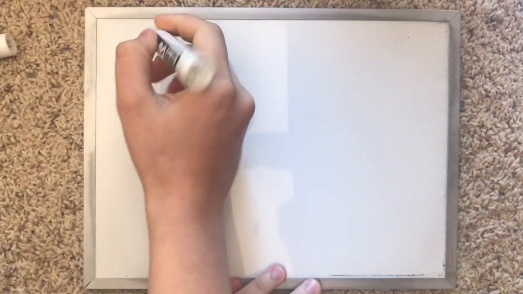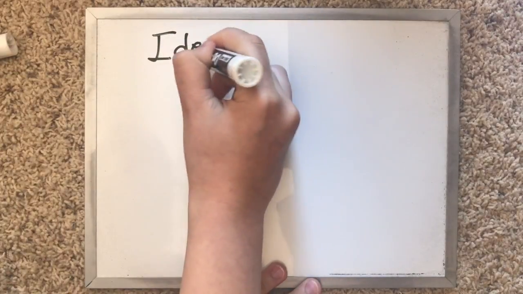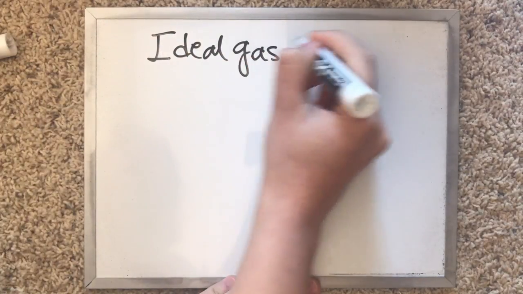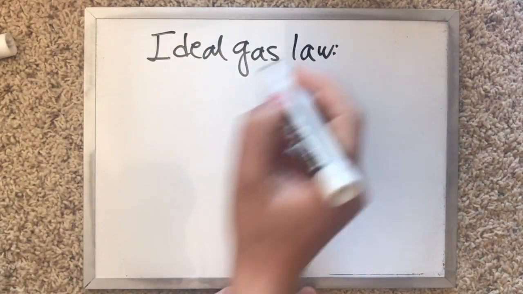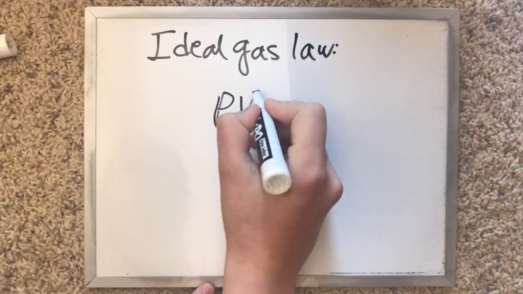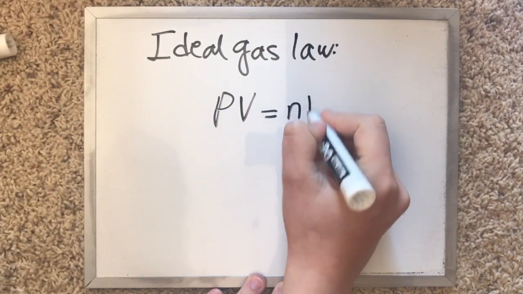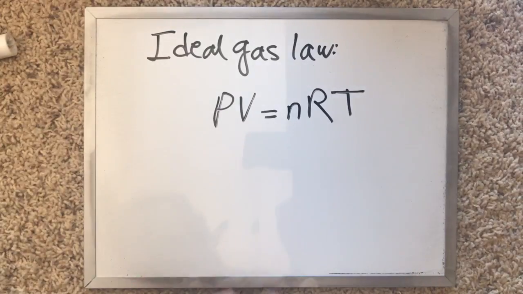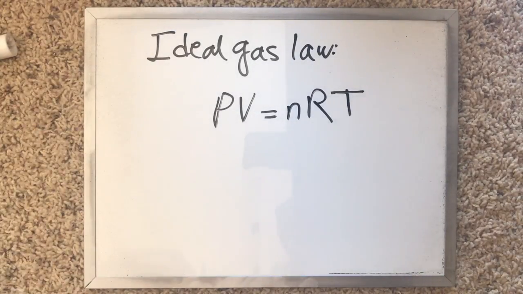Now, from mixing all of these laws, we're going to have the final law, which is the ideal gas law. In the ideal gas law, we have PV equals nRT.